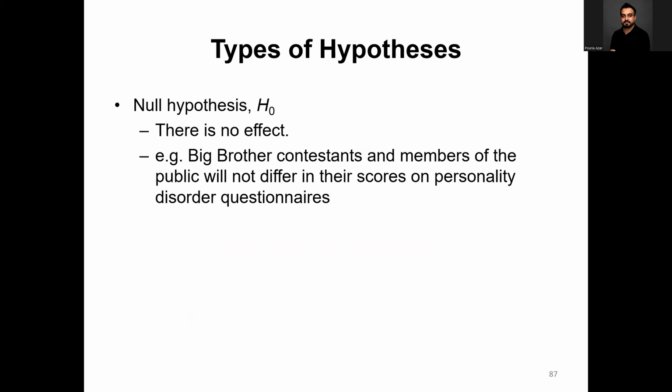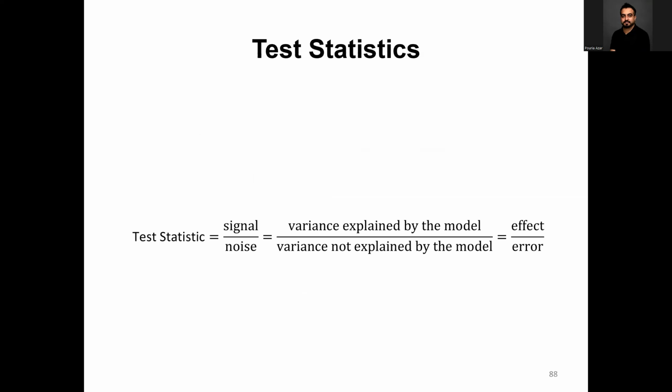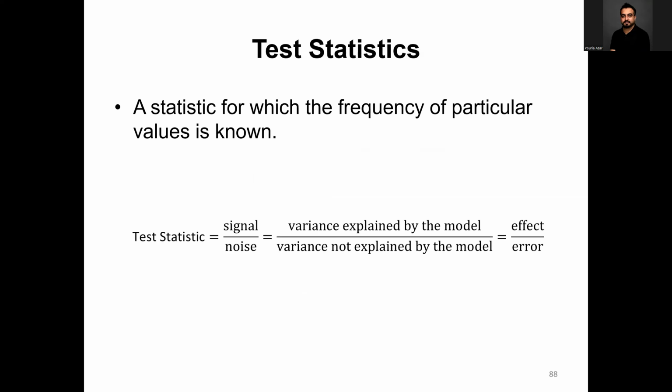Regarding hypothesis, we can have a null hypothesis, which means there is no effect, or an alternative hypothesis, which means there is an effect. Remember, we have only one null hypothesis, but we can have multiple alternative hypotheses. The test statistic, for example, t-test, regression, ANOVA, those are all test statistics.